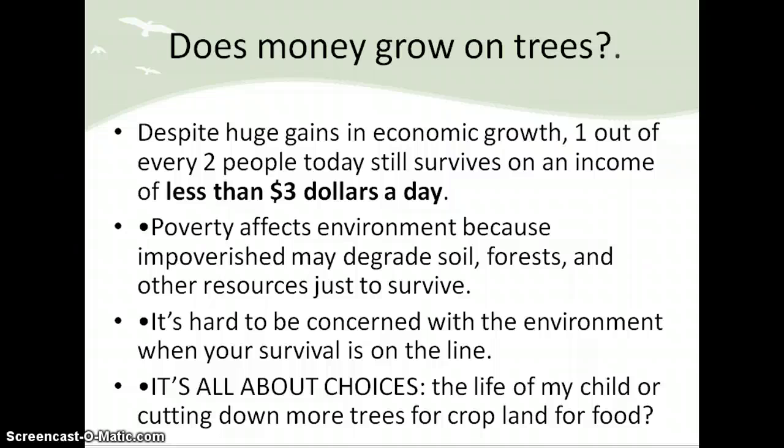They cut down forests for fuel wood to boil water so it's clean drinking water, to cook food, to keep warm. And all other types of resources are used from the environment just to survive. It's hard to be concerned with the environment when your survival and your family's survival is on the line. So it's all about choices: the life of my child, or cutting down more trees for cropland for food.